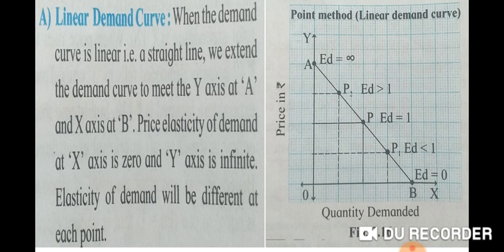At point P it is divided equally, so the upper segment AP is 4 and the lower segment BP is 4. So 4 divided by 4 is equal to 1. Thus at point P, demand is unitary elastic because elasticity of demand is equal to 1, that is 50-50% changes.